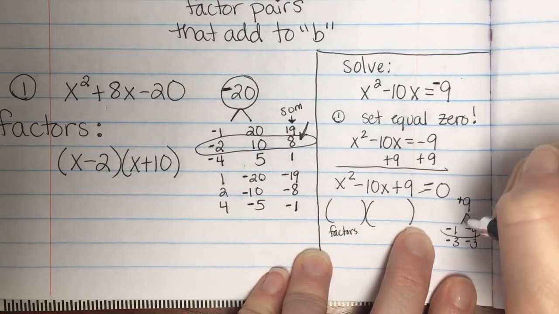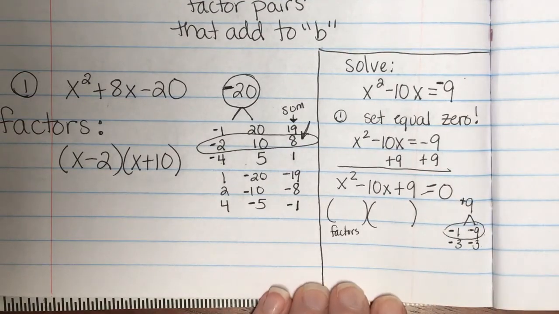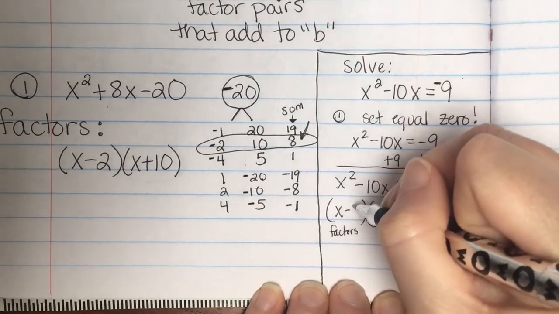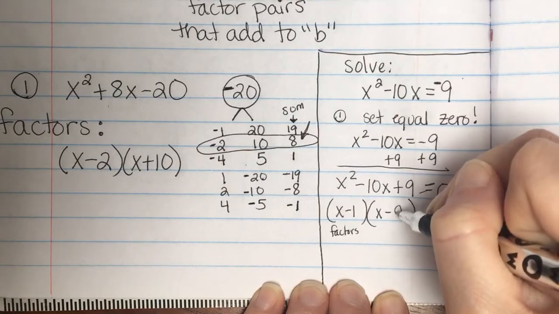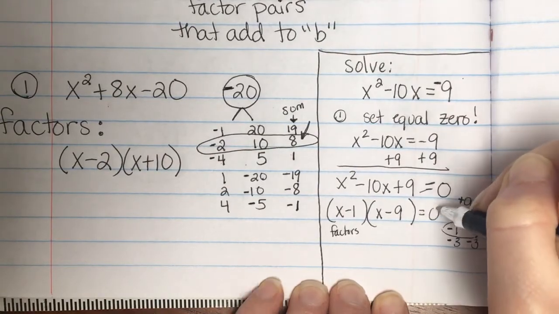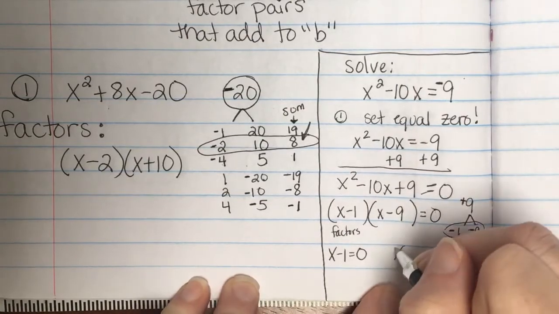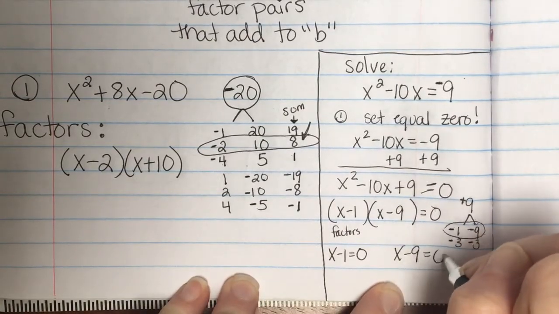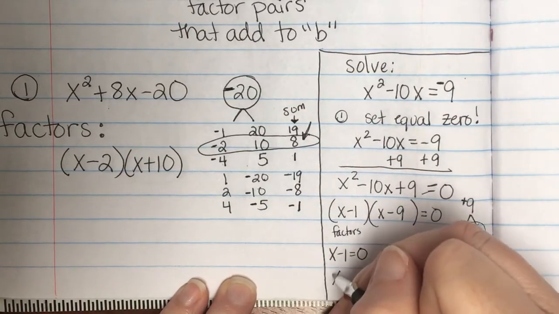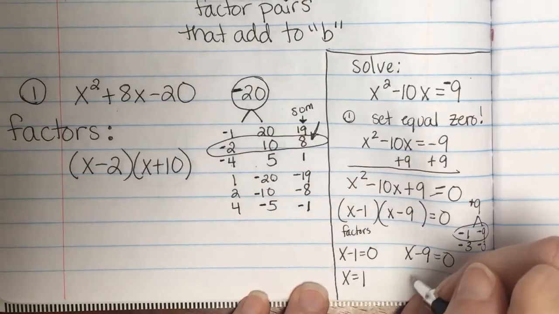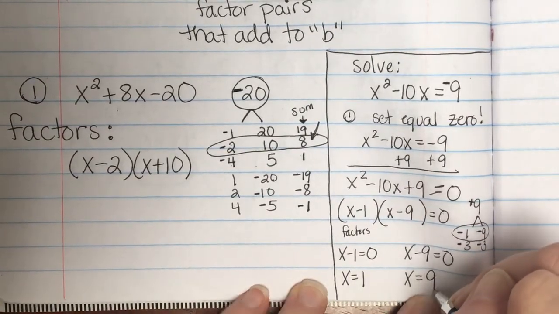So there's my answer, negative 1 and negative 9. So x minus 1 times x minus 9 equals 0. And then we set each factor to 0, and we get 2 solutions, 1 and 9.